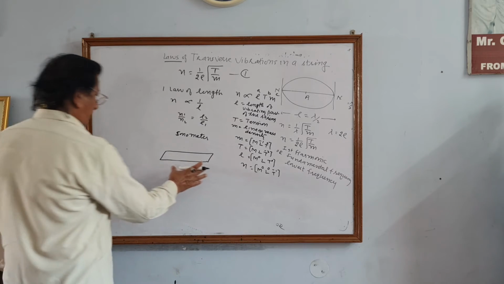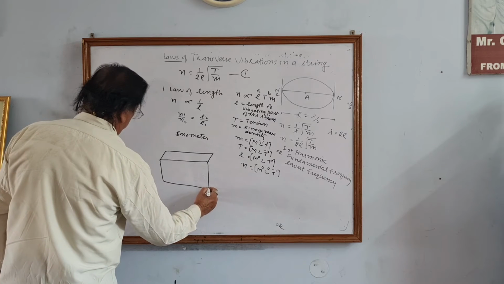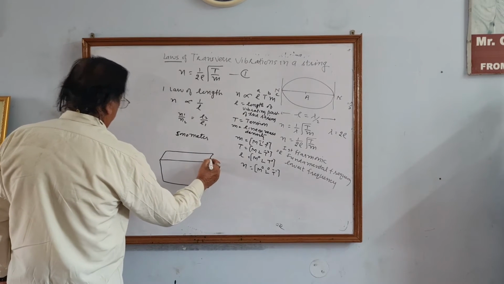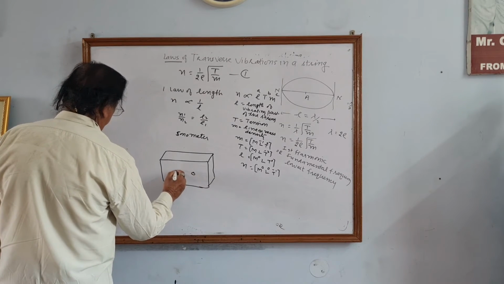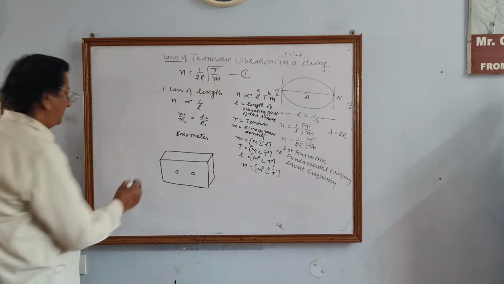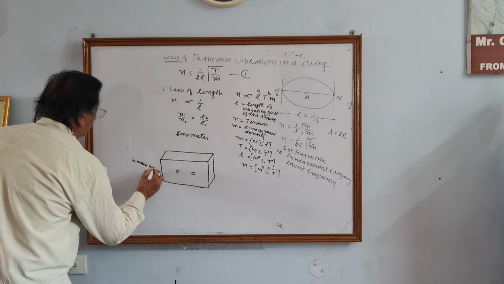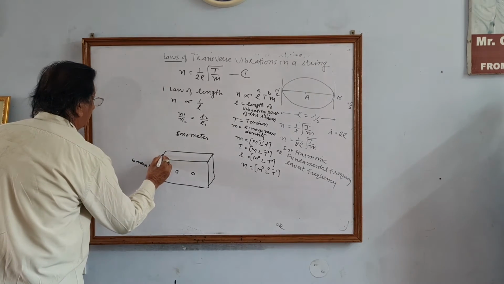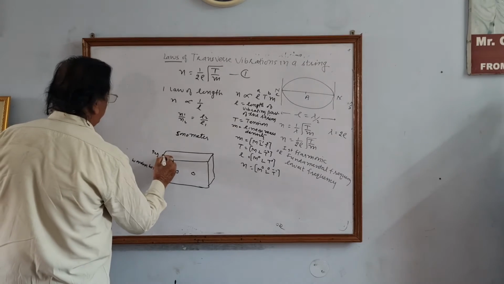It is a wooden box. Here there are two holes. Then here there is a peg. Then there is a string.